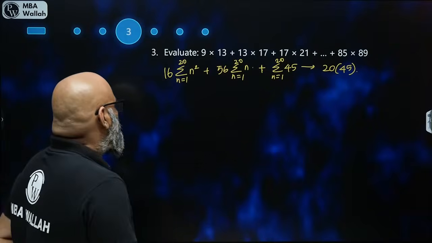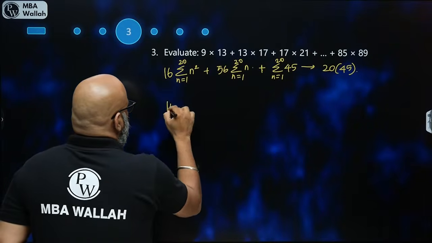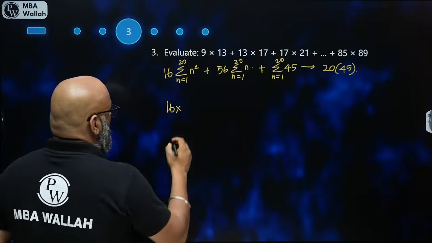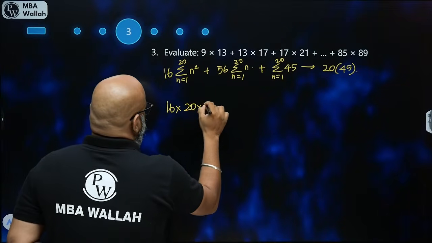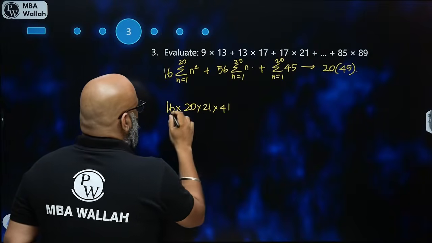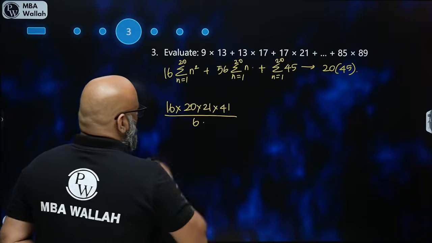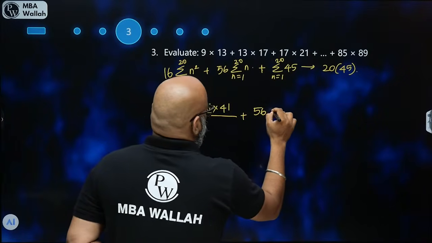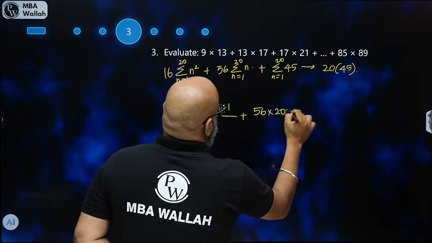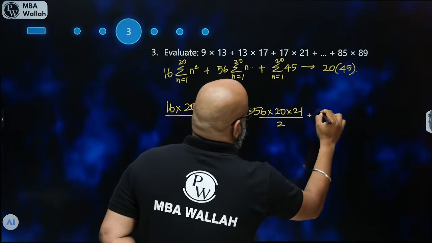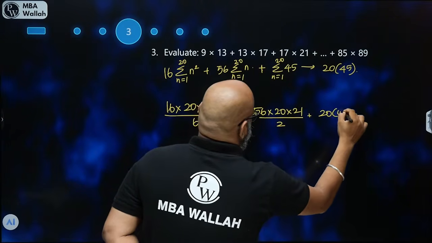So let's do this. This will become 16 into n value is 20. So that will become 20 into 21 into 41, n into n plus 1 into 2n plus 1, divided by 6, plus 56 into n into n plus 1 divided by 2, plus this will be 20 into 45.